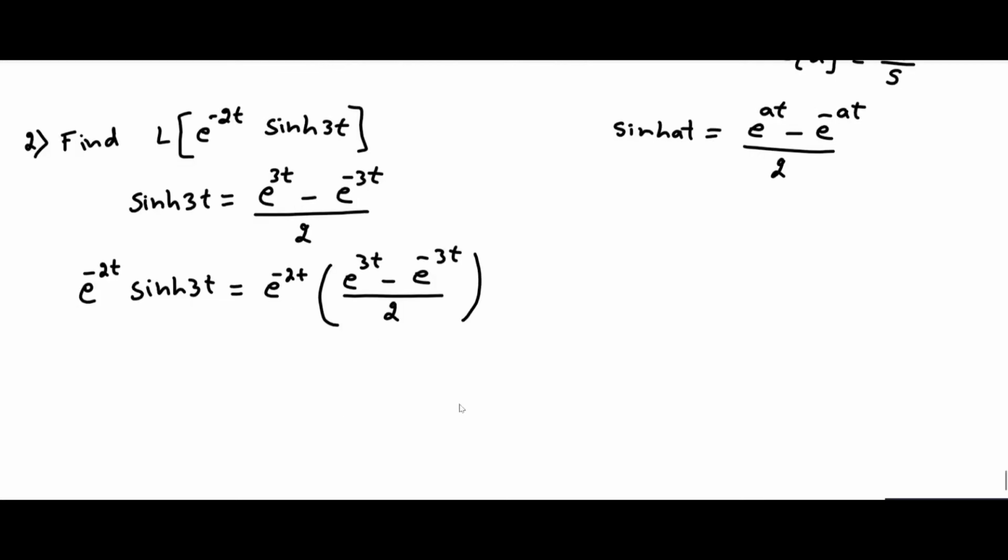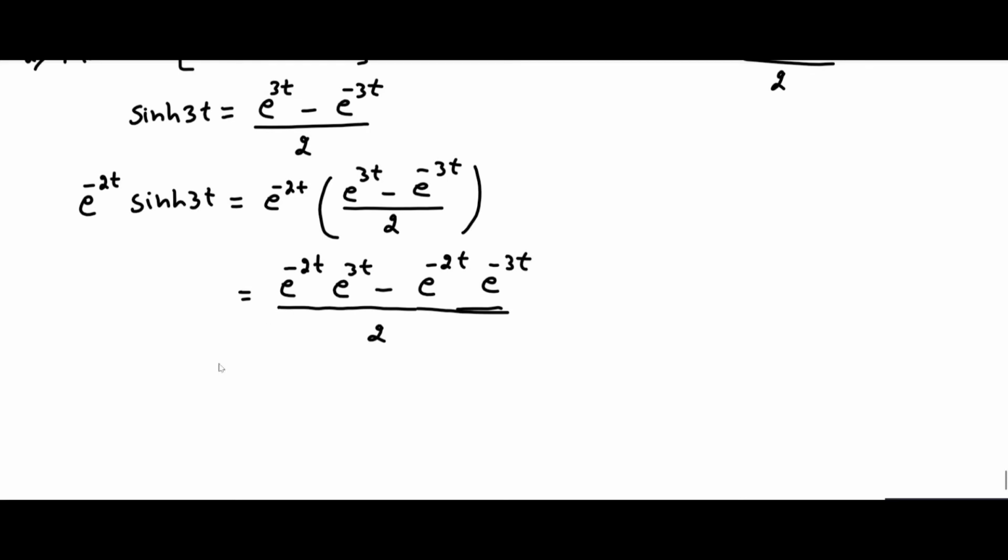So once again we need to just multiply it. Multiply e power of minus 2t by e power of 3t, and once again multiply e power of minus 2t with e power of minus 3t, and the denominator 2 will remain as it is. Further, if you simplify this, the bases are the same, so powers can be added.